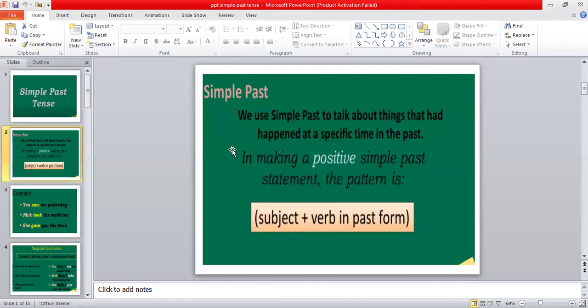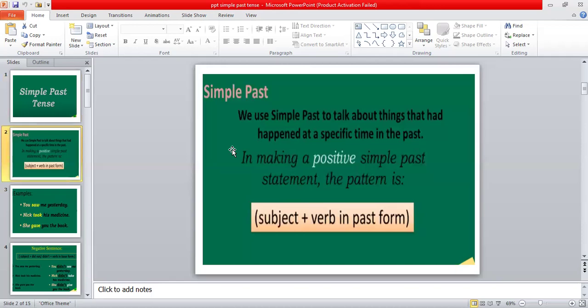We use simple past tense or past indefinite tense to talk about things which happened in the past. If you want to make a positive sentence with past indefinite tense, this is the main construction you will use: the subject and the past form of the verb.